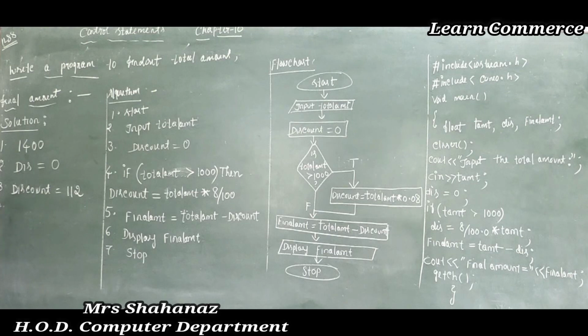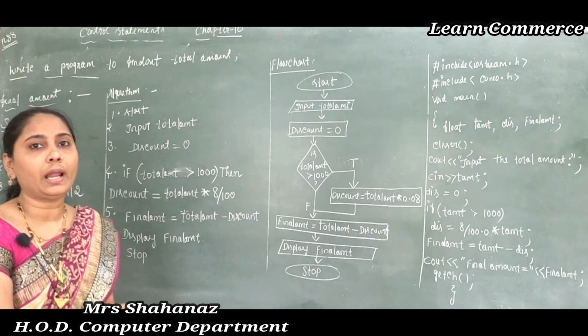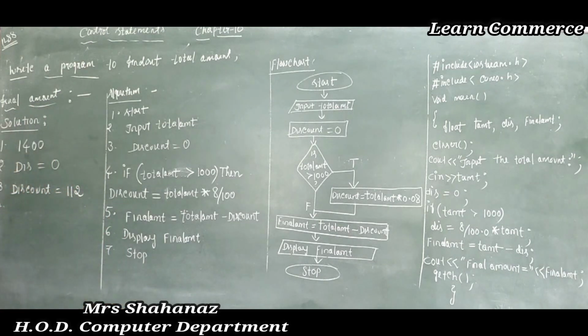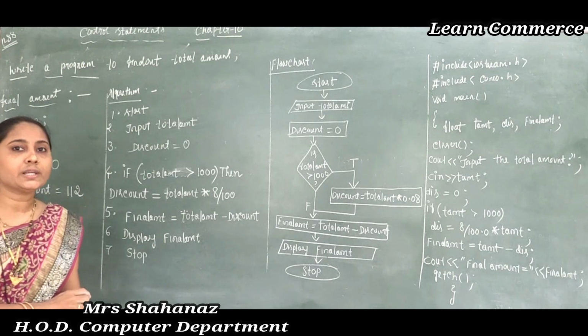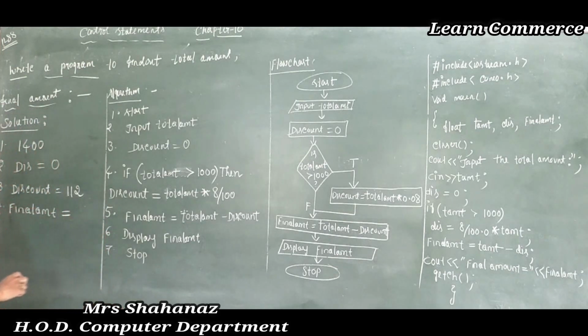Next, in this program we are not just going to find the discount, we also need the final amount of the bill. So how do we calculate the final amount of the bill? We can calculate it just by subtracting the discount from the total amount of the bill.